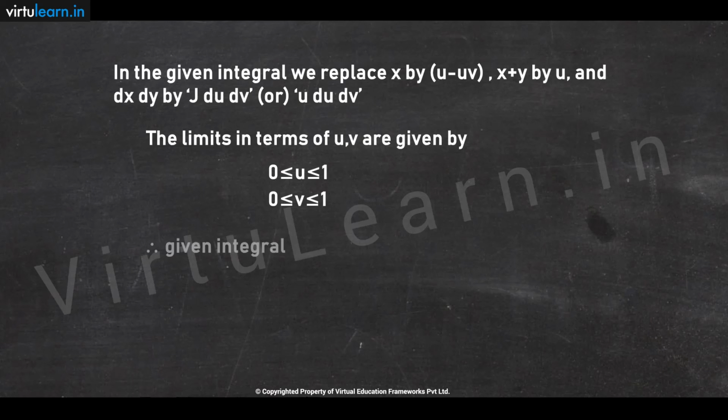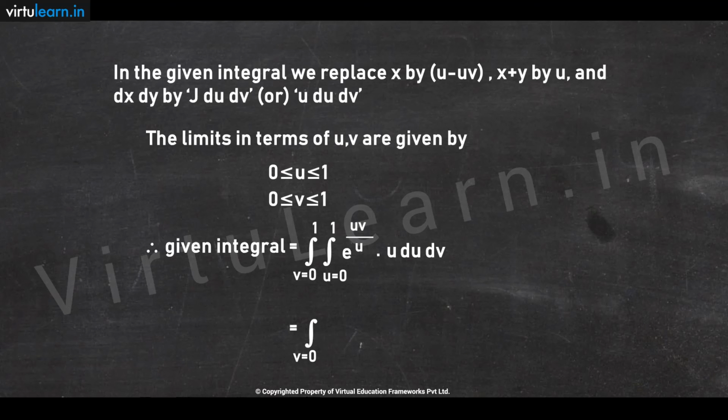The given integral becomes integral v is equal to 0 to 1, integral u is equal to 0 to 1, e power uv by u, u du dv, or it becomes integral v is equal to 0 to 1, integral u is equal to 0 to 1, e power v into u du dv.